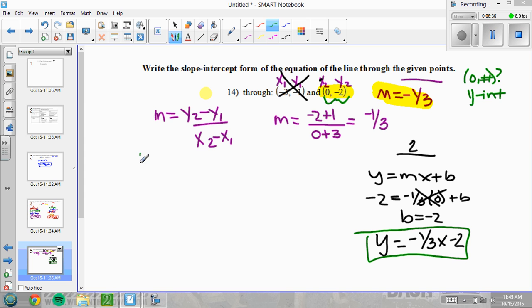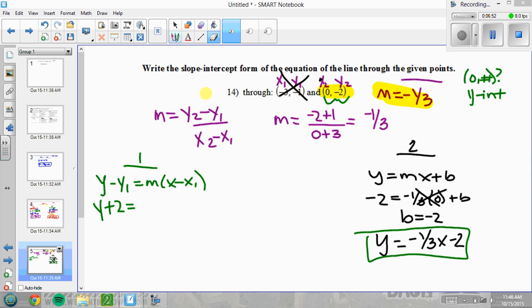If you would have done point-slope form, we can still do the same thing. Plugging in y plus 2 equals my slope, negative 1/3, times x minus 0.